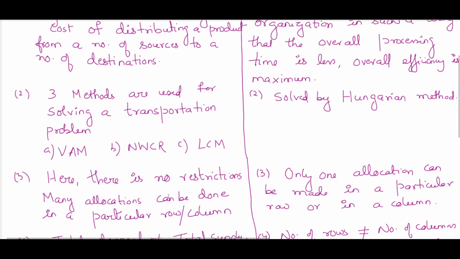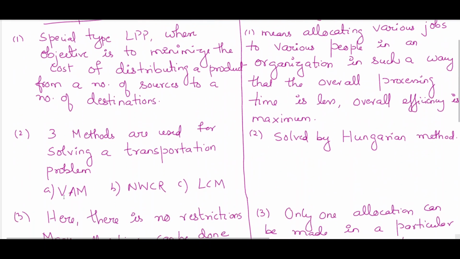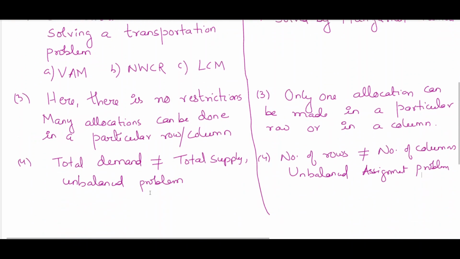When we work out the problem, all these definitions will be very much clear. I have already told you that there are three methods to solve a transportation problem. First I'll work out the least cost method and northwest corner method. Let me start with the northwest corner method.